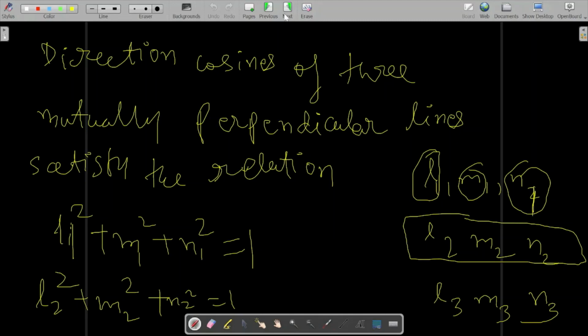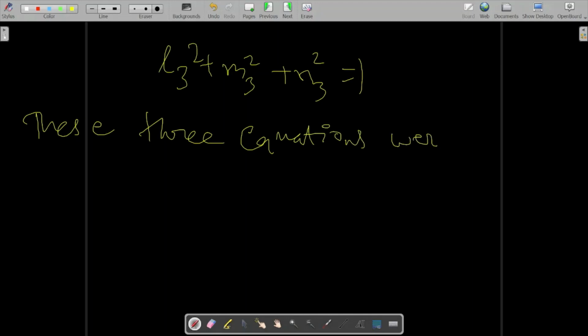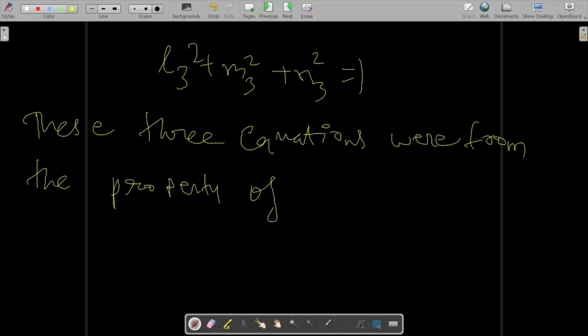Now we will apply the orthogonality condition. Three mutually perpendicular axes were there. Three mutually perpendicular lines were given to us. Okay, so these three equations were from the property of direction cosines.